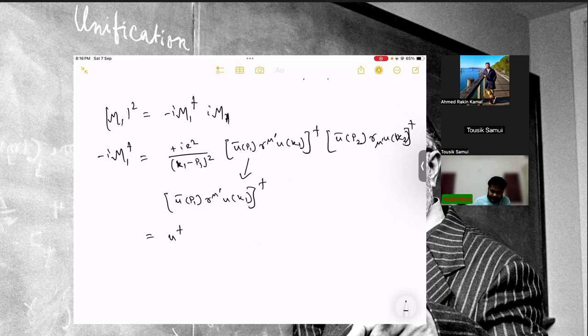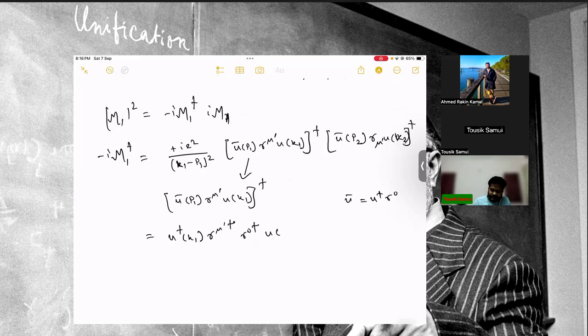So mu prime. This is k1 dagger and gamma mu prime dagger, and then if you remember, U bar is nothing but U dagger gamma naught, then it's gamma naught dagger, and then U of P1, right?